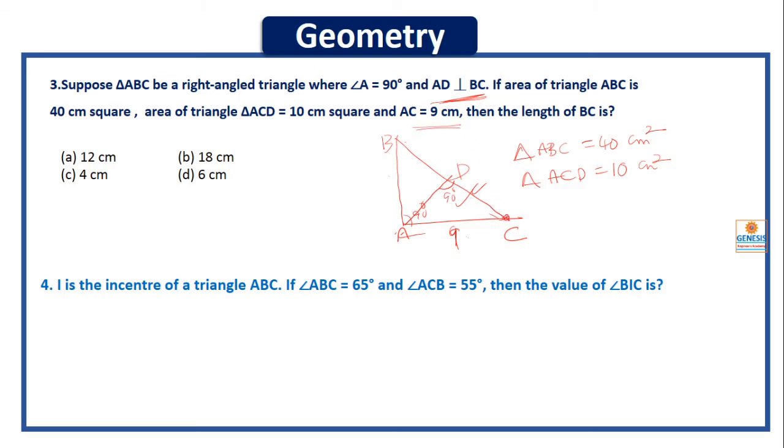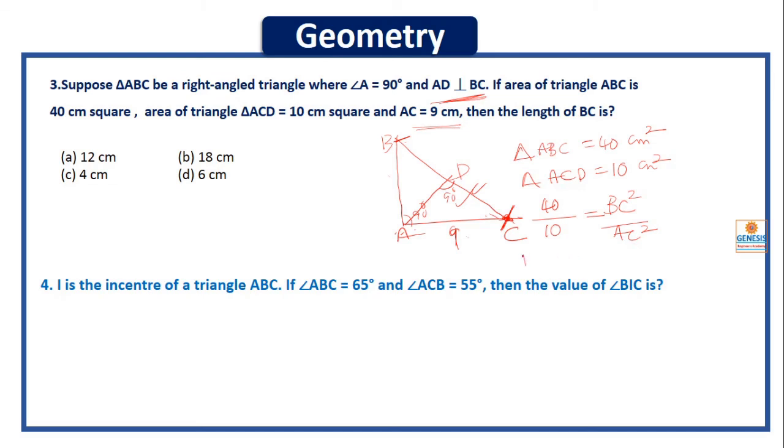This is the common side for these two triangles. So I can use this: the area of ABC, 40, to ACD is equal to BC square by AC square.